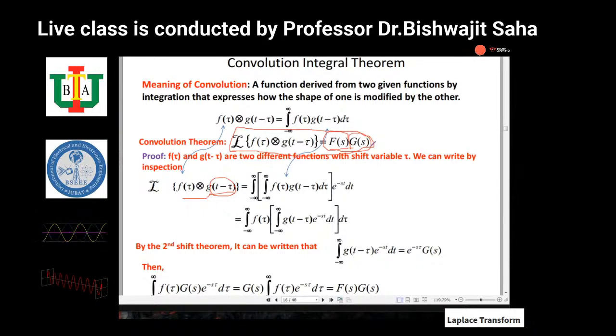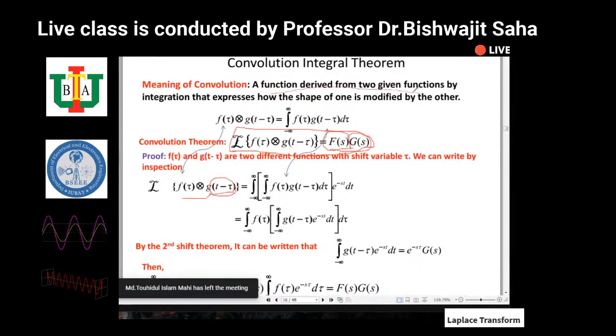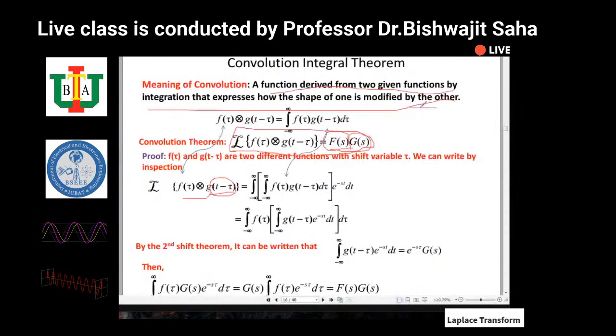Understand? So by meaning, if it is a function derived from two given functions by integration that expresses how the shape of one is modified by the other, then if we follow the general shift function theorem, the Laplace would be F of s into e to the power minus s tau and G of s, right?